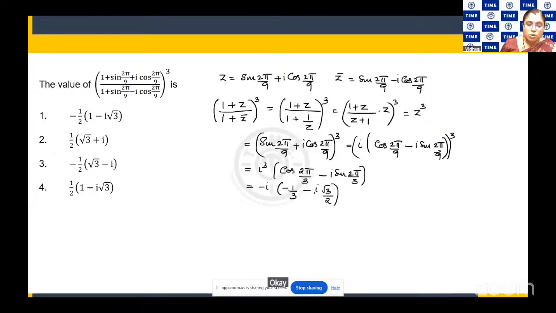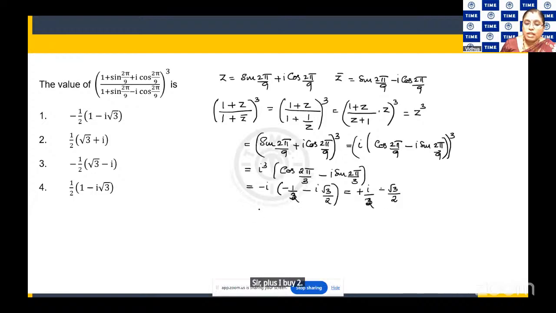So, just by comparing, let's expand this. So we get plus i by 2, then plus i square, which is negative root 3 by 2.